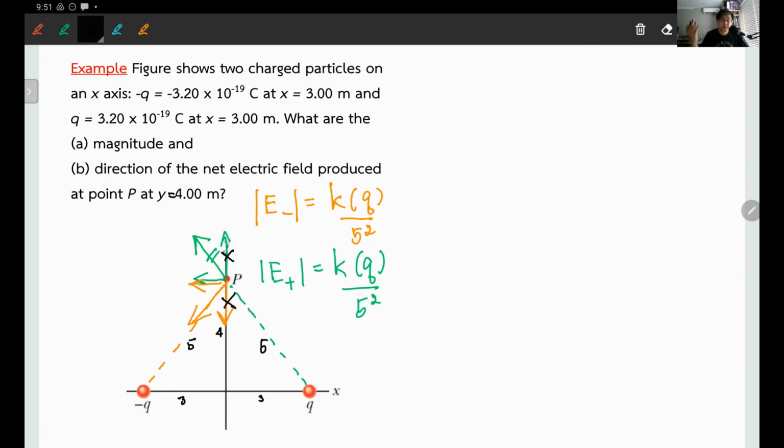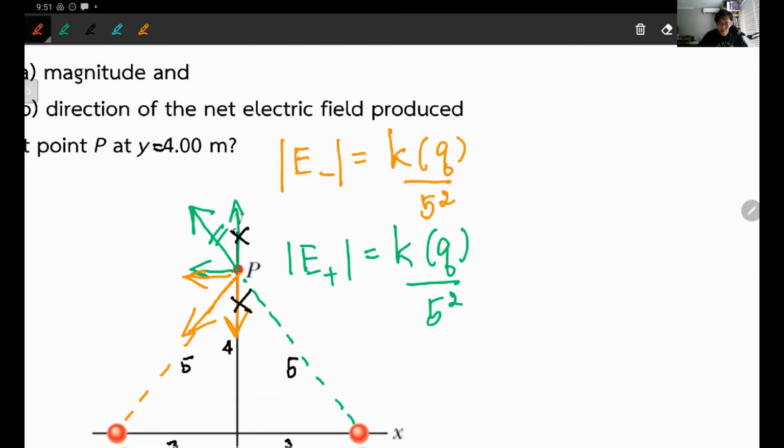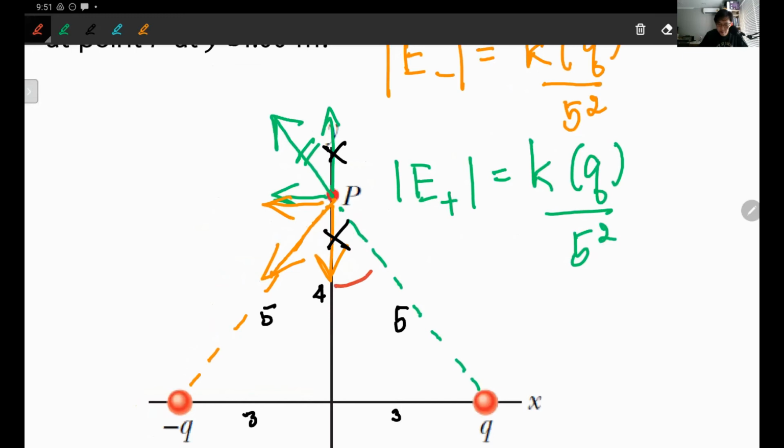So you will be left with just the horizontal components, twice, two of them. Okay, looks good. And now you can define your theta, whatever you like. All right, let me use this. Up to you. If you want to use this to be theta, that would be your theta right there.